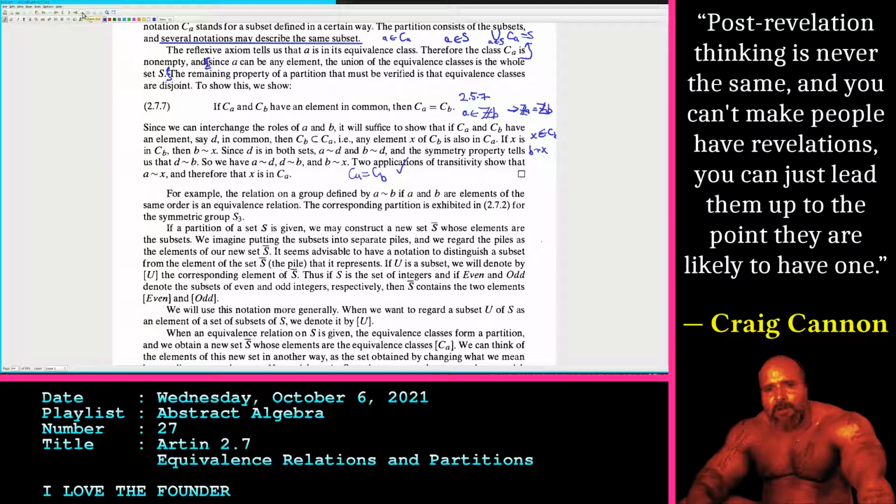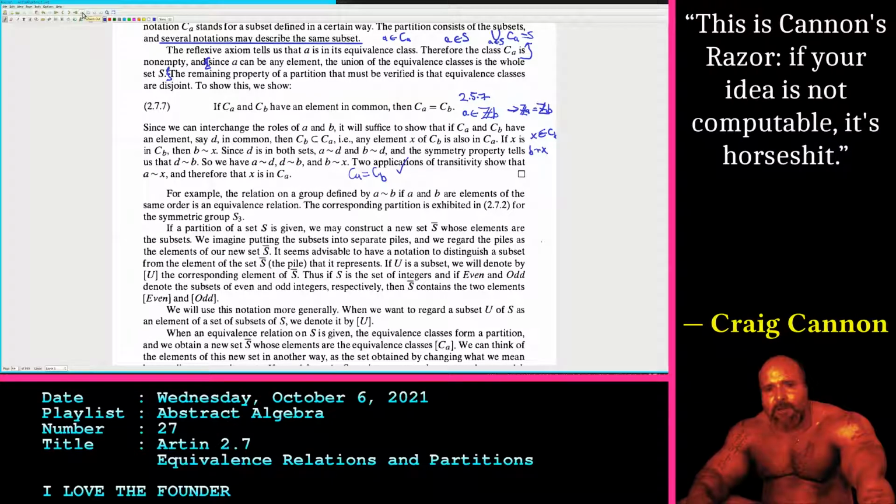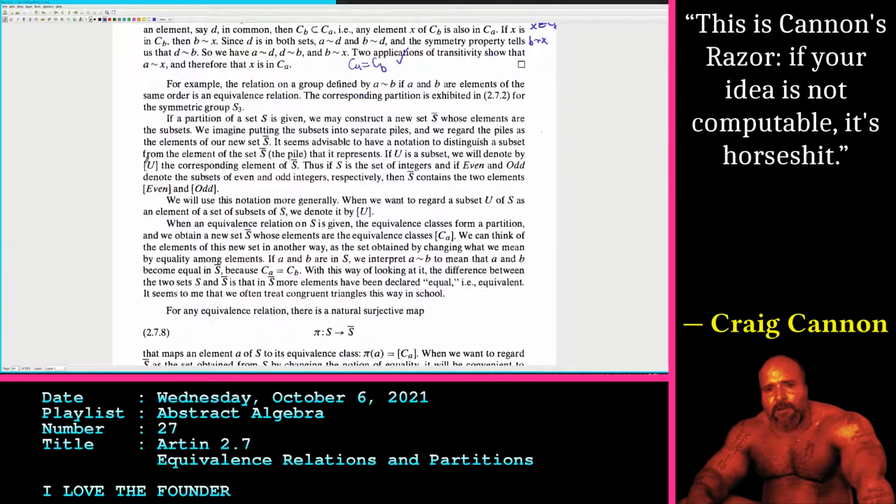If U is a subset, we will denote by brackets U the corresponding element of S bar. Thus, if S is a set of integers and if even and odd denote the subsets of even and odd integers respectively, then S bar contains the two elements brackets even and brackets odd. We will use this notation more generally. When we want to regard a subset U of S as an element of a set of subsets of S, we denote it by brackets U. And this is going to conflict with my terminology notation, but oh well, Artin.